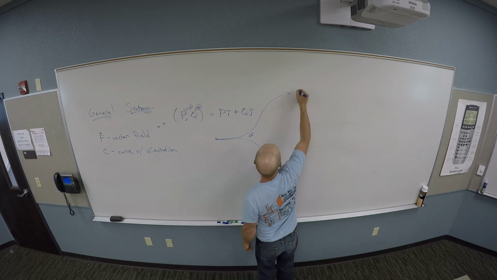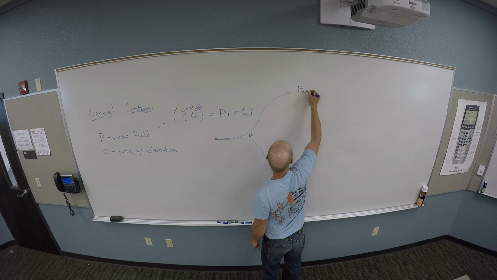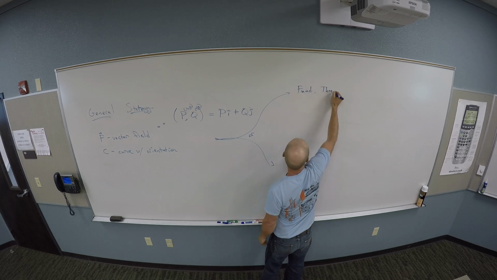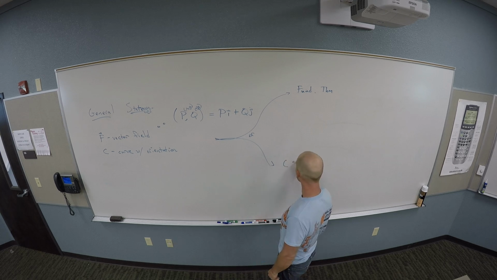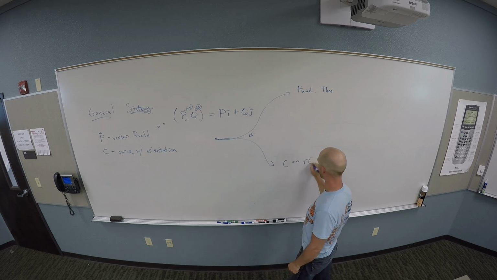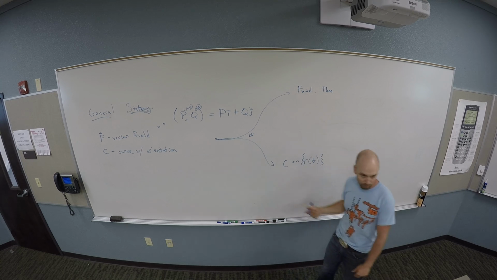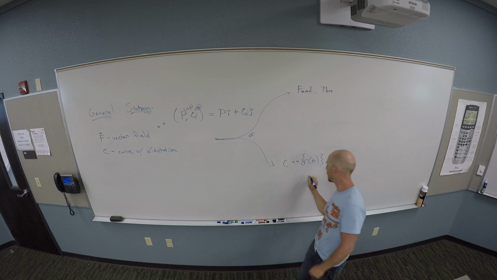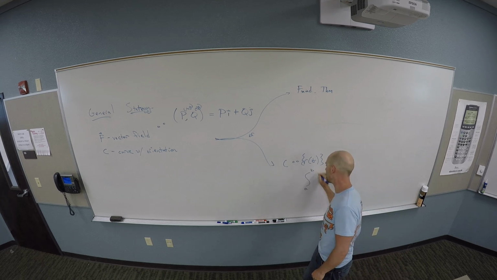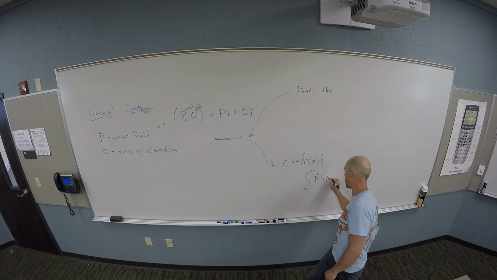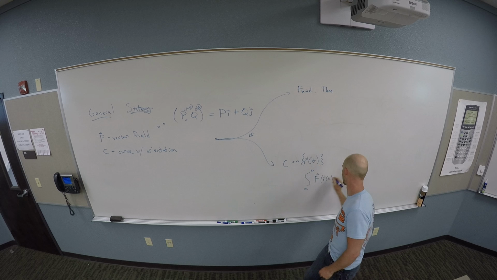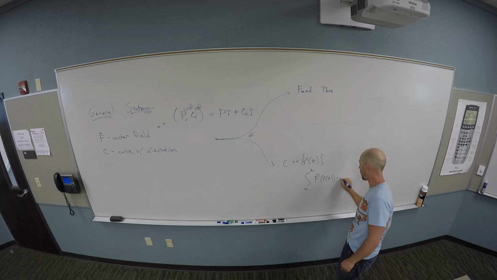I'm going to either do the fundamental theorem, or I'm going to take C, think about it as r of t or whatever, or theta or what have you. And then I'm going to do this integral from a to b of F evaluated at r of t, dotted with r prime of t dt, right?